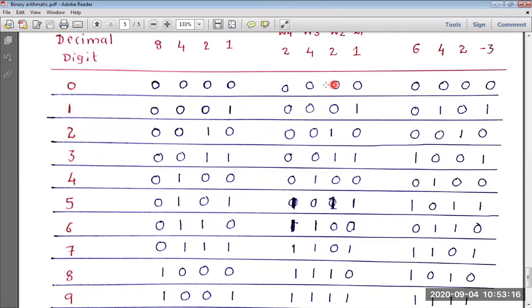that digital system is counting like 0000 for the 0th apple. For the next apple it is counting 0001. For the next apple 0010. For the next apple 0011.